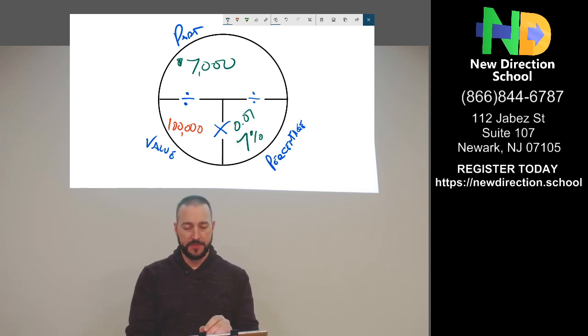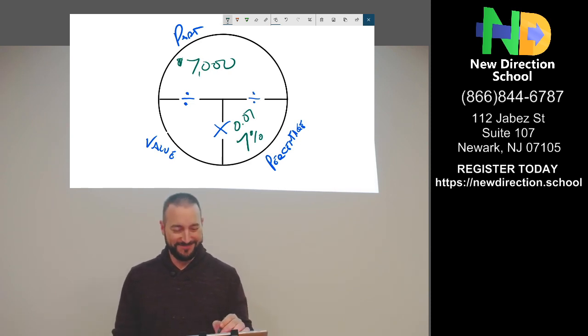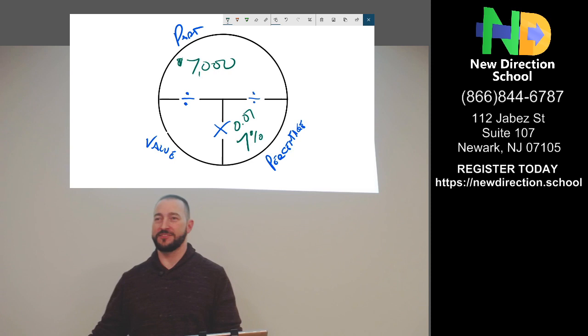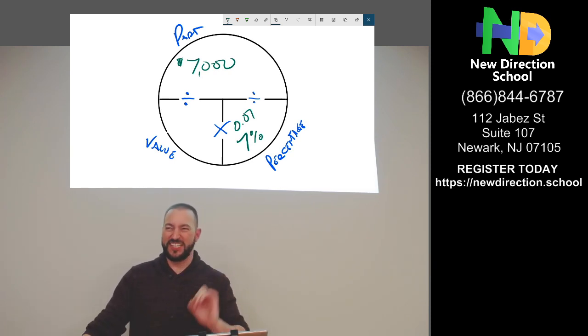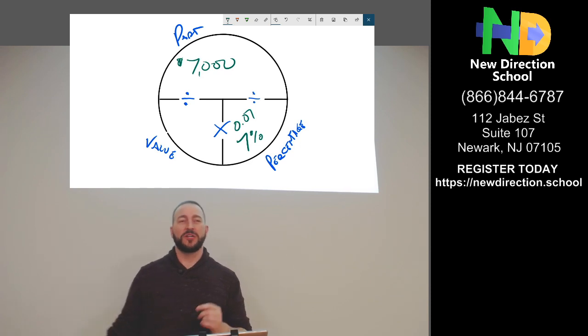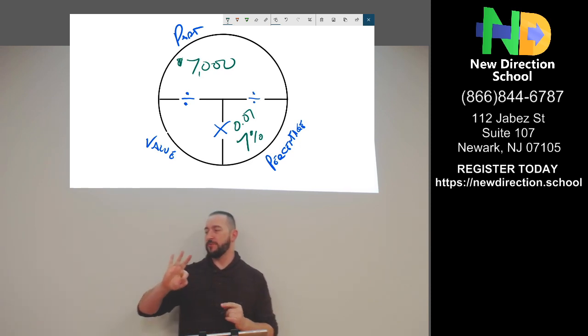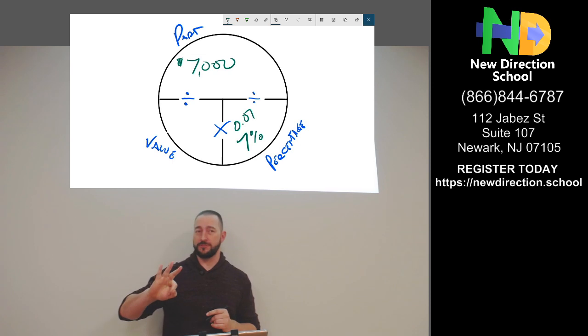But wait, I'm not done. I'm actually going to prove that it is perfect, just like this circle that I drew, because I'm amazing at drawing circles. No assistance whatsoever from this computer or tablet, not at all. I have very steady hands. So what if the question was, I'm giving you the three variables of the question, right?